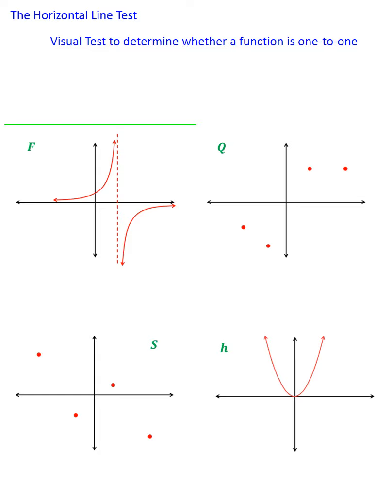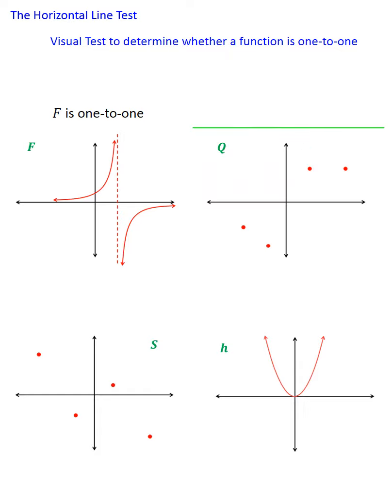By the way, it's worth noting the dotted line here, or the vertical asymptote of f, is not part of the graph of f. It's just a line indicating that f has no points there. So, because the horizontal line ran across the graph and never intersected it twice or more, it is a one-to-one function. Let's look at Q.